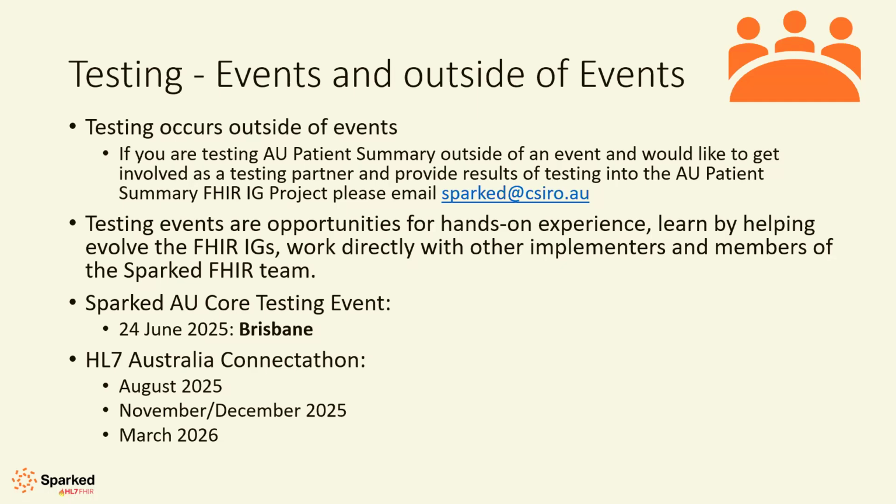If you're not able to make it, but you are actually looking at how does this work, pulling it down and comparing that against what you're trying to build, and you have some feedback, or you actually want to provide your test results to be recorded as part of the coverage of what's being tested in Patient Summary and be logged as a testing partner, then please email sparked@csiro.au for how you can be a testing partner for the Patient Summary FHIR IG outside of the testing events.